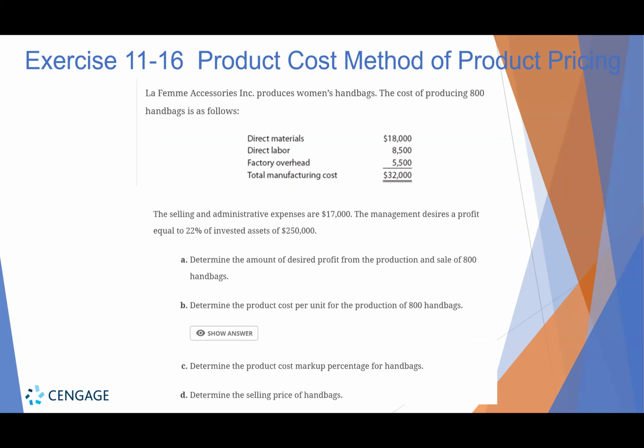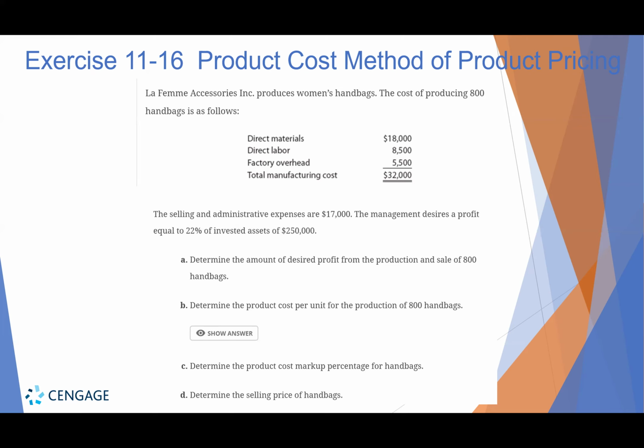So La Femme Accessories produces women's handbags. The cost of producing 800 handbags is as follows. We've got our direct materials, our labor, our manufacturing overhead. The selling and administrative expenses are $17,000. The management desires a profit equal to 22% of the assets that are $250,000.